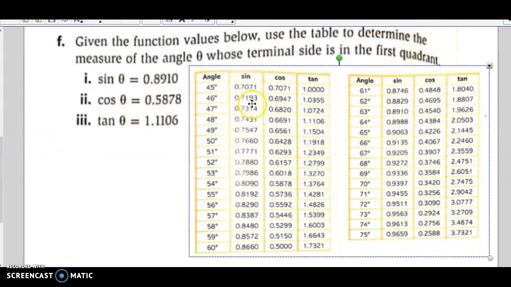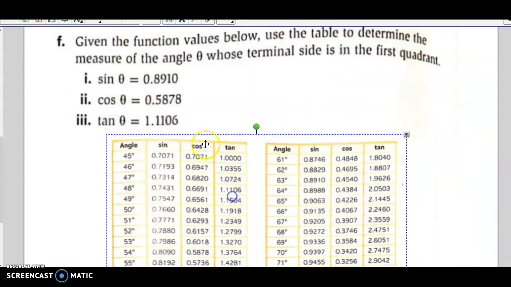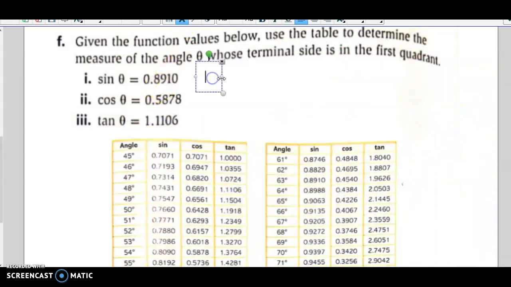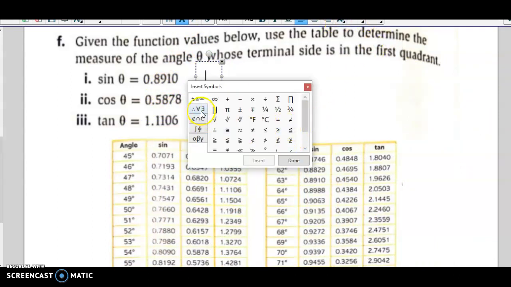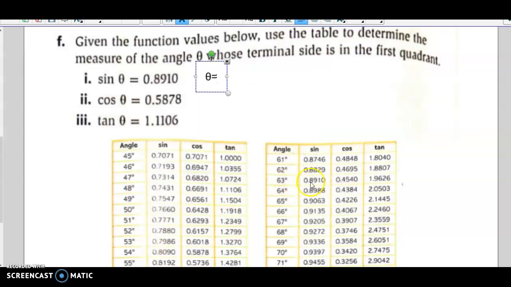So you want to look in your sine column and see when it gets up to about 0.891. So I'm looking at 0.891 right here, 63 degrees. When you go to answer this, you would say theta equals 63 degrees.